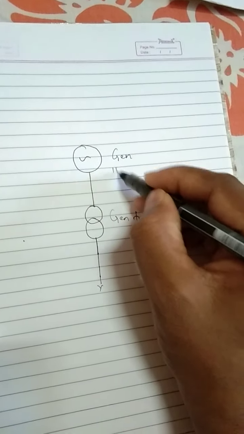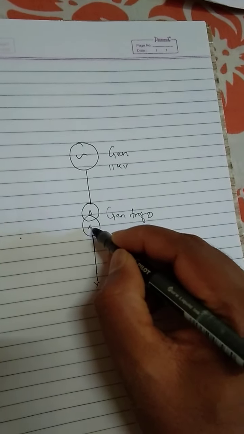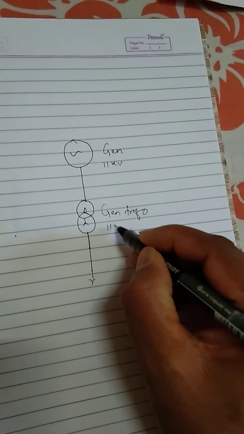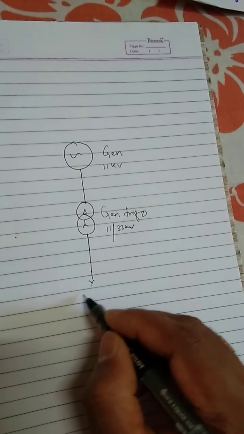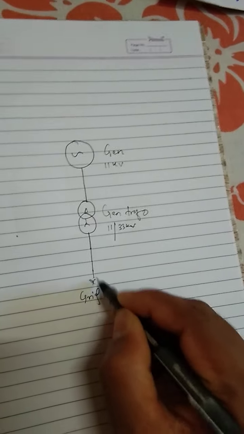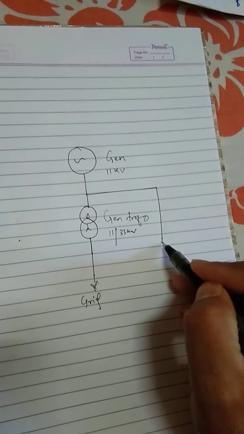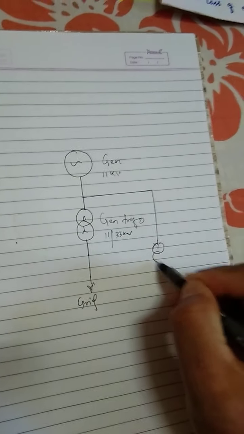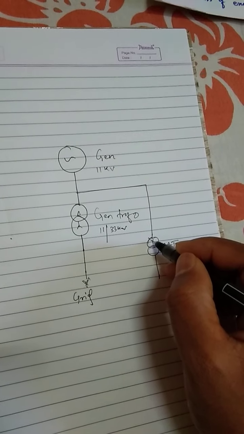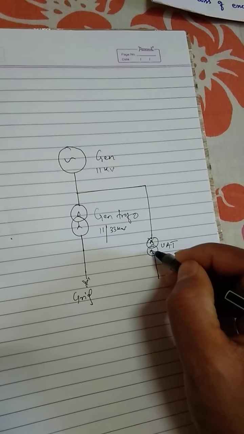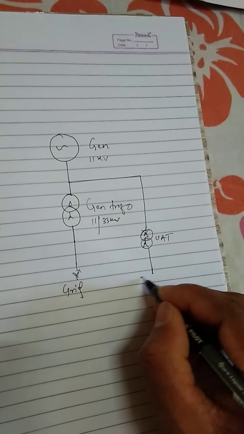Suppose this is an 11 kV generator and this is a star delta step up transformer, 33 kV, going to the grid. And here we have the UAT, unit transformer, star delta, delta star, sorry, any configuration.